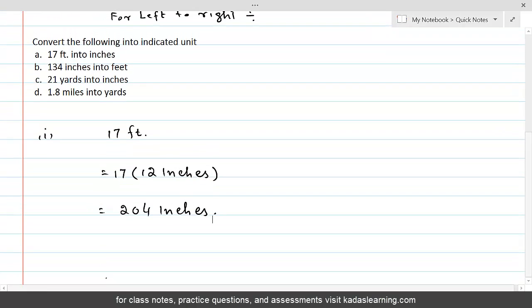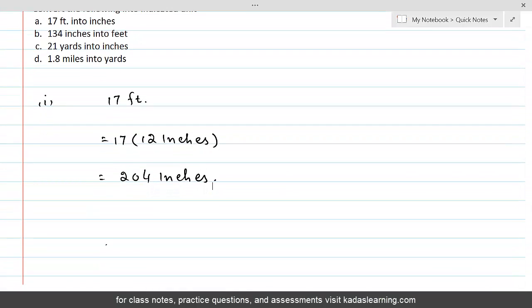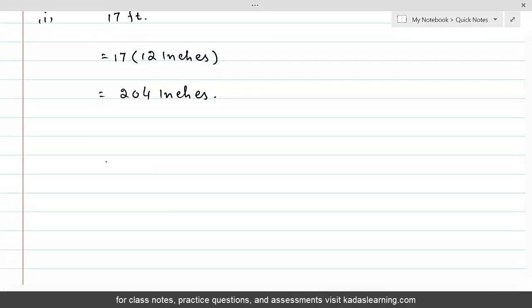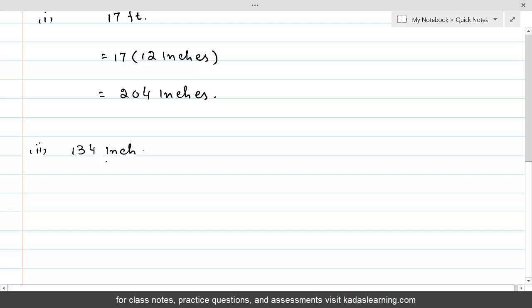In the second question, we want to convert 134 inches into feet. There are two ways we can do it. Either we can divide inches by 12, and that will help us convert these inches into feet.